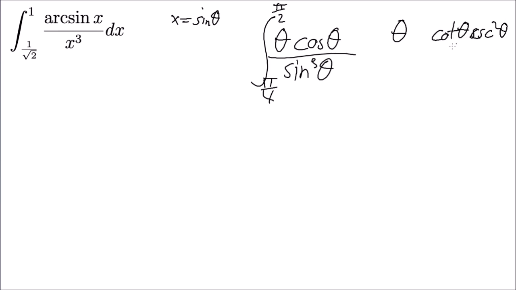There you go. And then I get a half of cotangent negative 1, and then I get cosecant squared minus 1. And this might be the easiest way to do it.